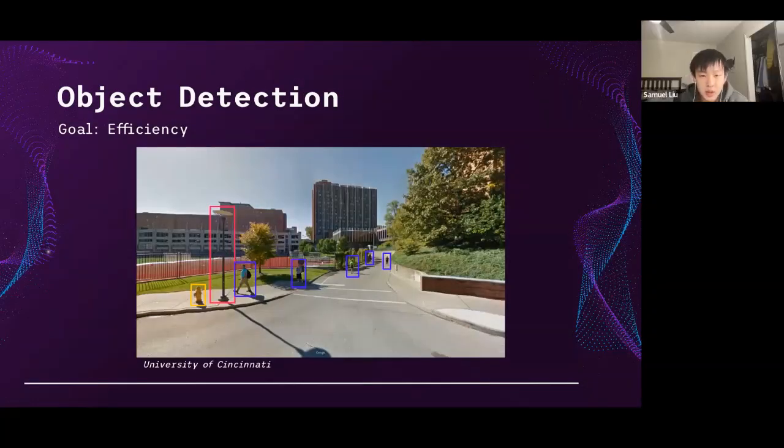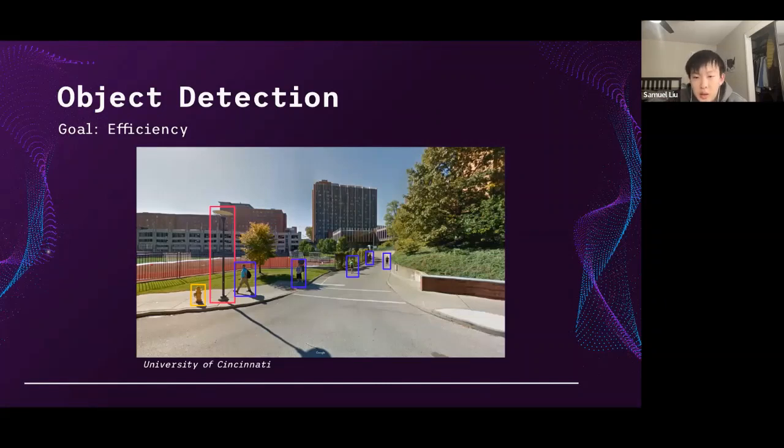Yeah, so hello, I'm Samuel, and I'll present our final data processing method and our current results and our future ideas. So after doing the image classification model, we decided to use object detection with the main goal of increasing our accuracy and efficiency.